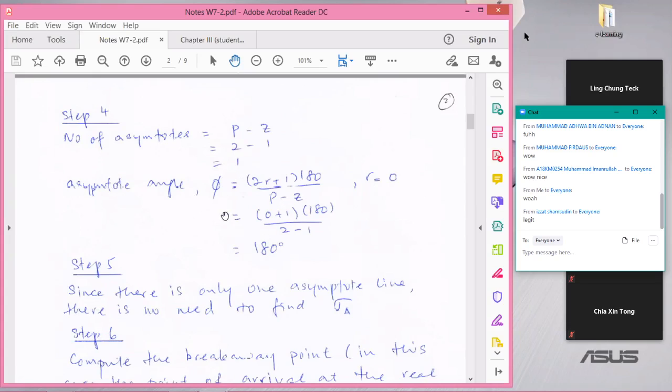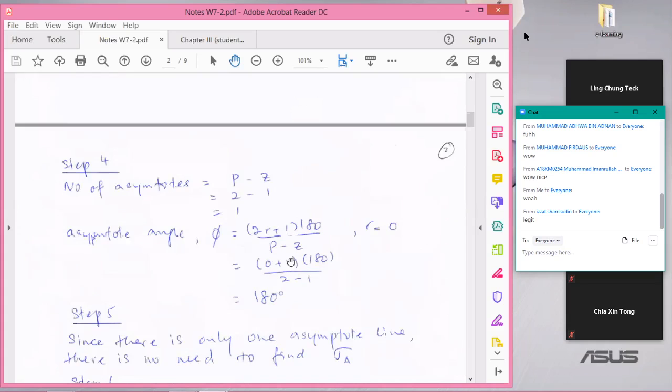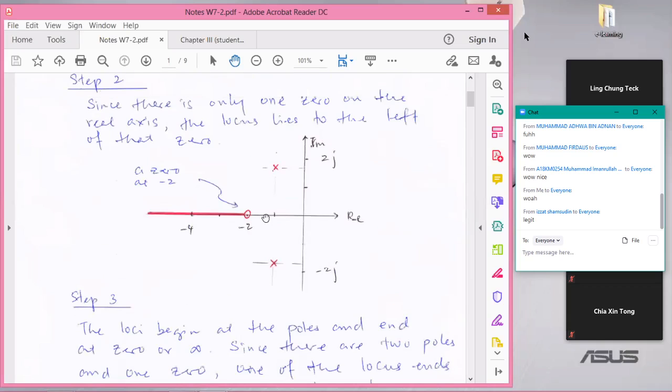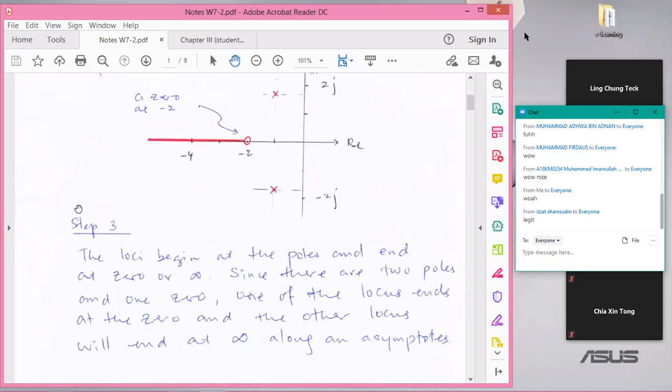asymptote line. And you can now compute the asymptote angle, which is 180. So there's no point in computing the intersection of asymptotes because you only have one asymptote and it is at 180. Basically, the asymptote is just to the left of the real axis. It goes all the way to negative infinity on the real axis at 180 degrees.